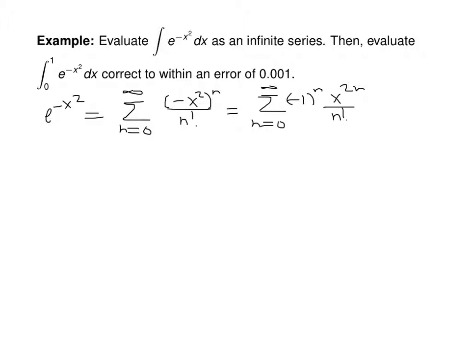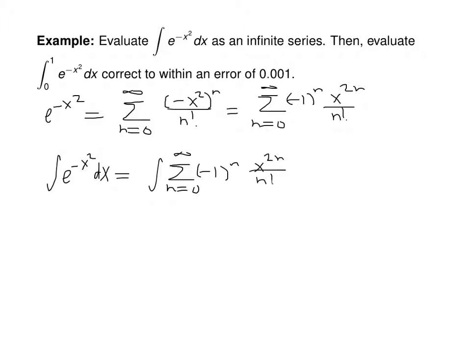So now suppose we want to find the antiderivative of e to the negative x squared. Can't do that, but I can antidifferentiate this series term by term, and that will work as long as you have a convergent series, which this does, with radius of convergence infinity. So negative 1 to the n, x to the 2n over n factorial.